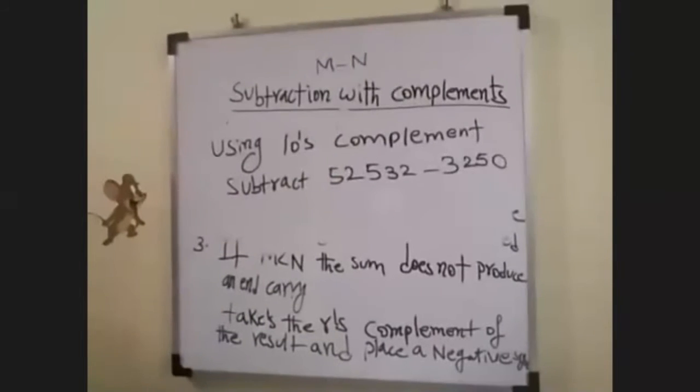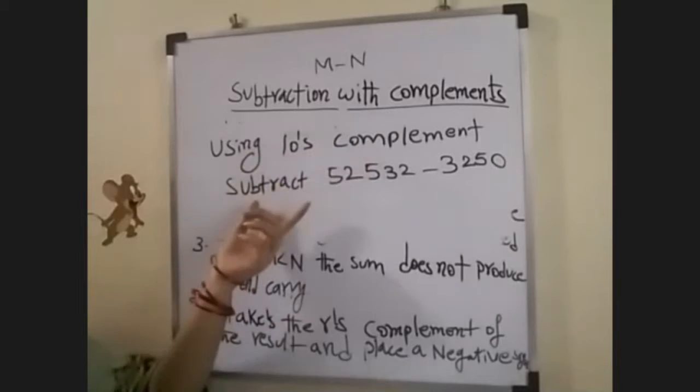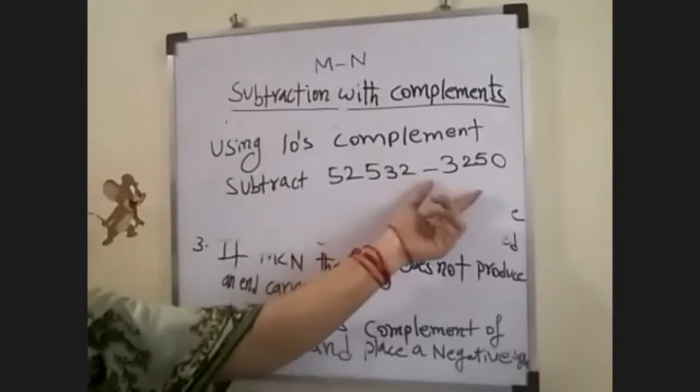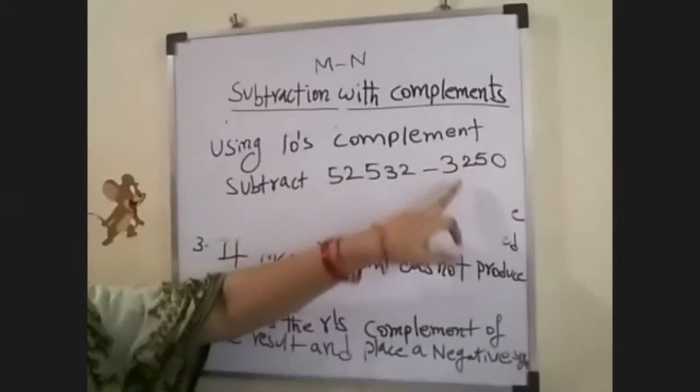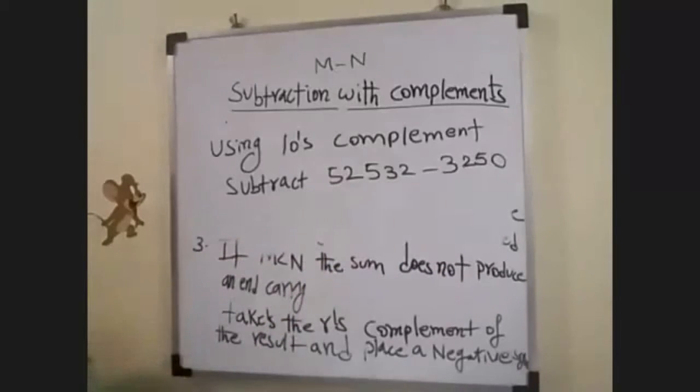So this is the example. That means you can subtract this value from this. Is it clear? Directly you can subtract.